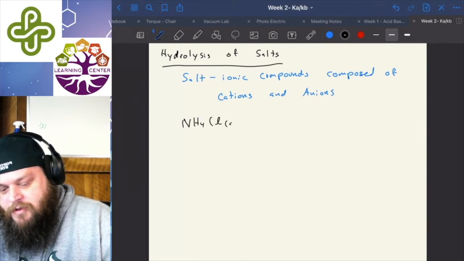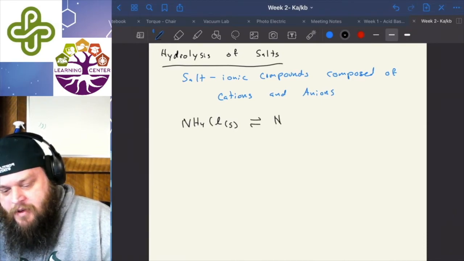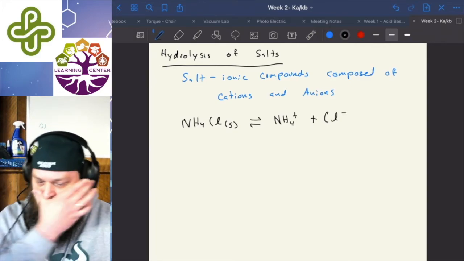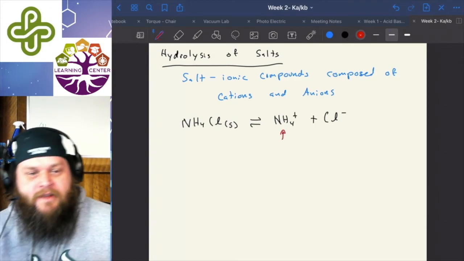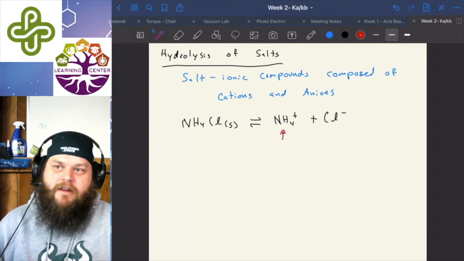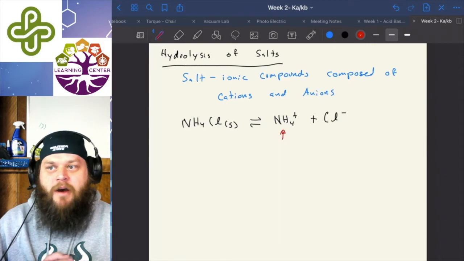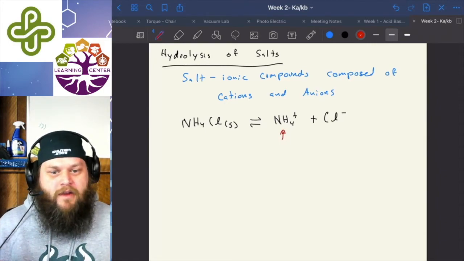Ammonium chloride is a solid, and if you put it in water, it will completely dissociate into NH4 plus and chloride minus. In this case, NH4 plus is an acidic compound. It's got an extra hydrogen and it's positively charged, so it's going to want to get rid of that hydrogen.